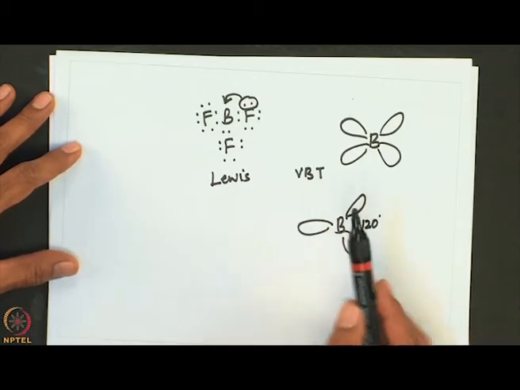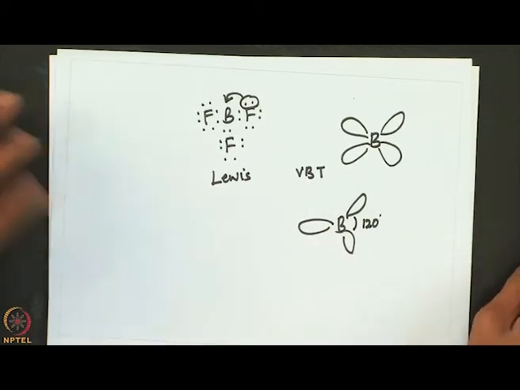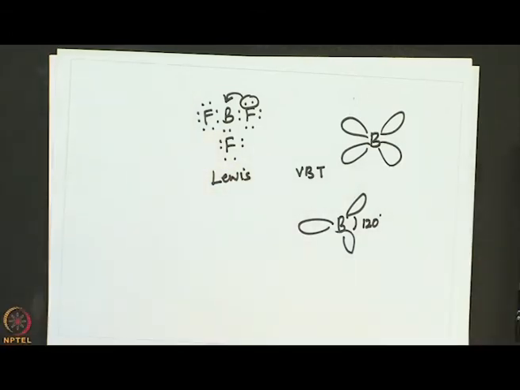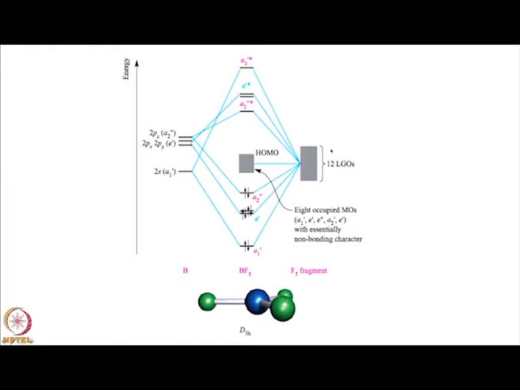So then how do we write the MO diagram? The MO diagram is shown here. Essentially there are 12 ligand group orbitals. Here 3 fluorine atoms are giving 21 electrons, and then 3 electrons are coming from boron, so in total we have 24 electrons.